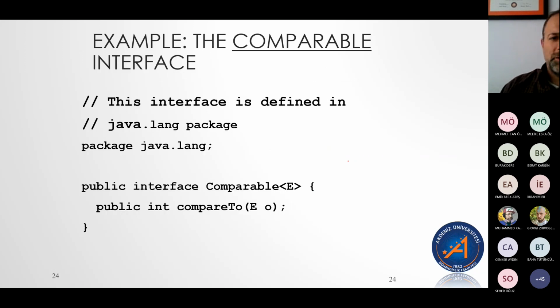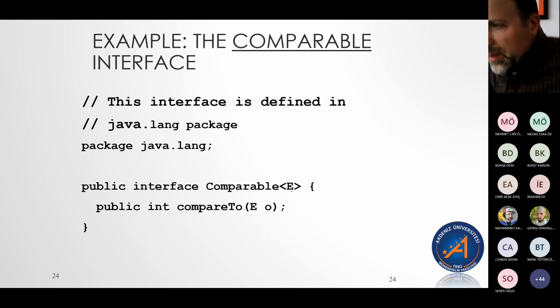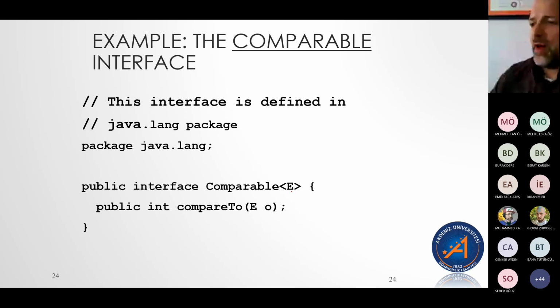Okay. All right. A very useful interface is the comparable interface. Now, what this does is it's an interface that takes an E. We'll talk about what E is when we get to generics. But we can compare two values to each other to decide which one is greater or less than, or if they are equal.